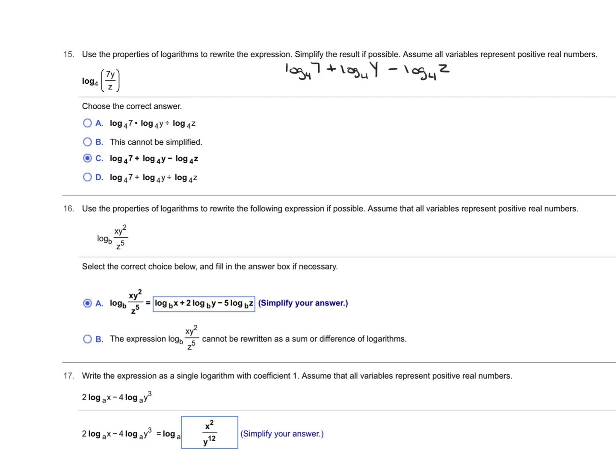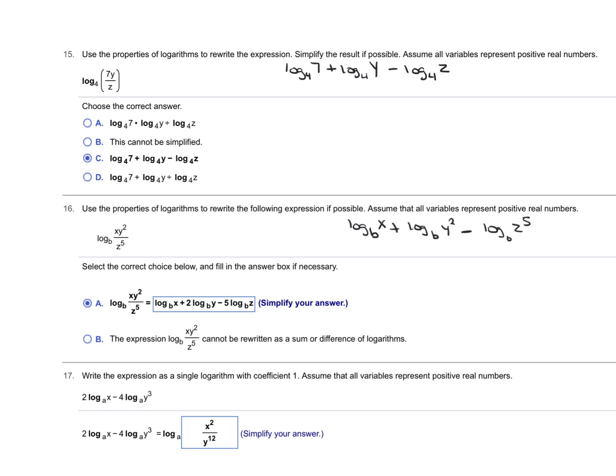Number 16, we have log base b of x and log base b of y squared and log base b of z to the fifth. X and y squared would be multiplying, z would be subtracting.